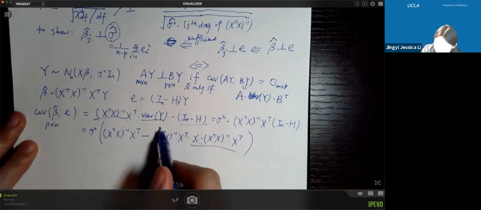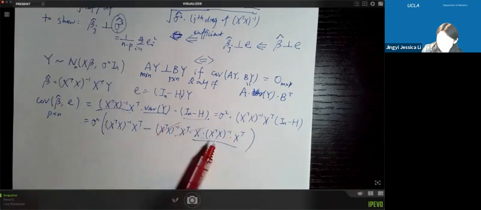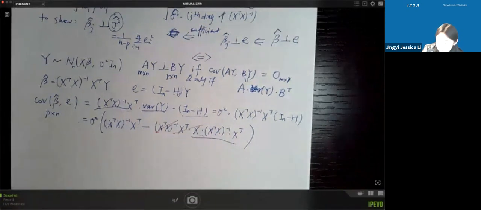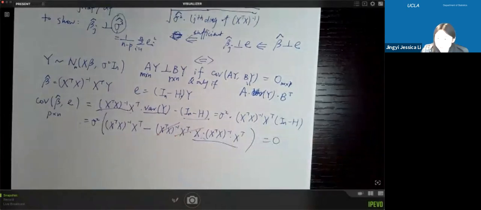I can cancel this out, then the two terms are equal. So I get 0. This is a very straightforward way to prove that beta hat and E, the residual vector, are independent under the normal assumption. So we satisfy the t statistic assumption.